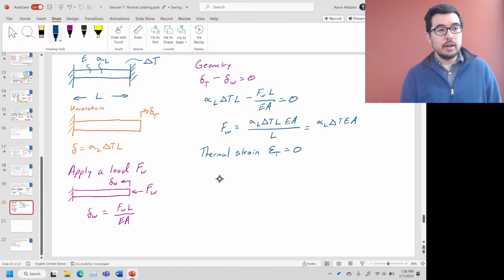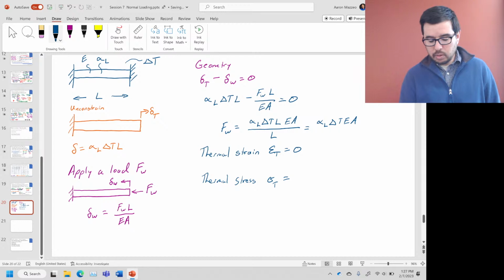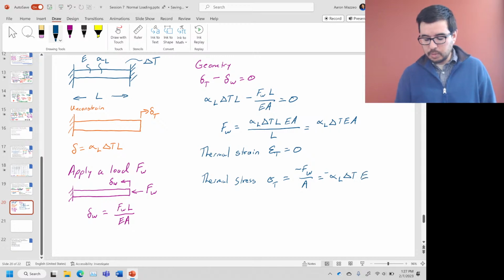Well, we calculated it almost. The thermal stress is going to be, if we use our convention, a minus, so minus FW over the cross-sectional area. So that is going to be equal to minus alpha L delta T times E.